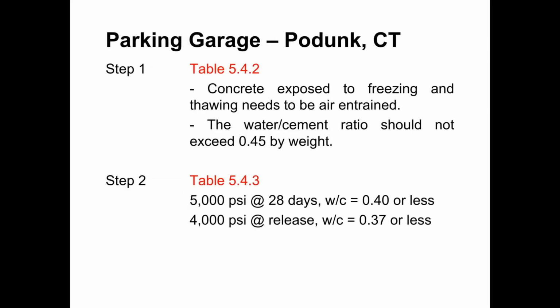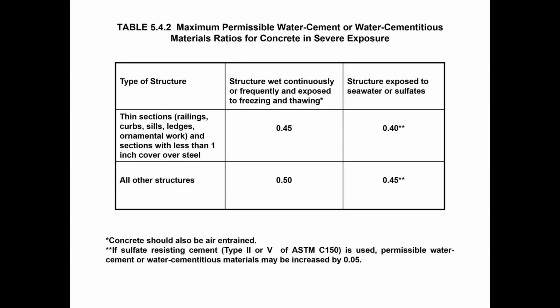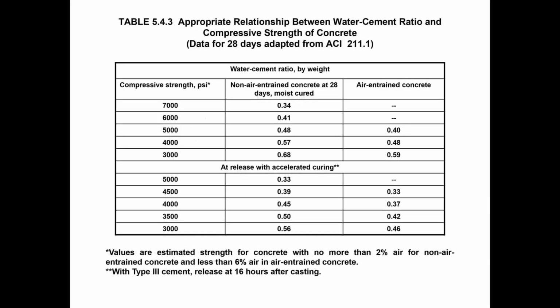In this example, the first thing that they're going to do is look at the water cement ratio. There are a couple of different tables that we look at in determining our water cement ratio. Table 5.4.2 is based on the exposure conditions, so we need to consider exposure conditions. And table 5.4.3 is based on our strength requirements.